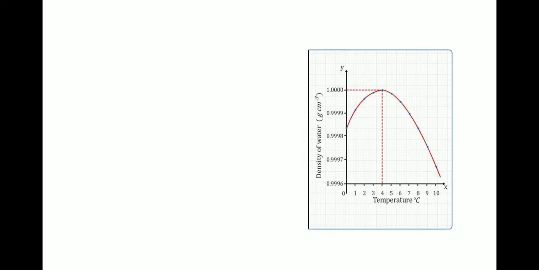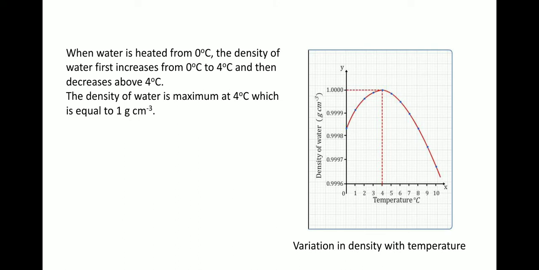Next, we see the graph for the density, which varies with the temperature. So the temperature is marked on the x-axis, and on the y-axis it's marked with the increasing density of water. So when water is heated from 0 degrees Celsius, the density of water first increases.